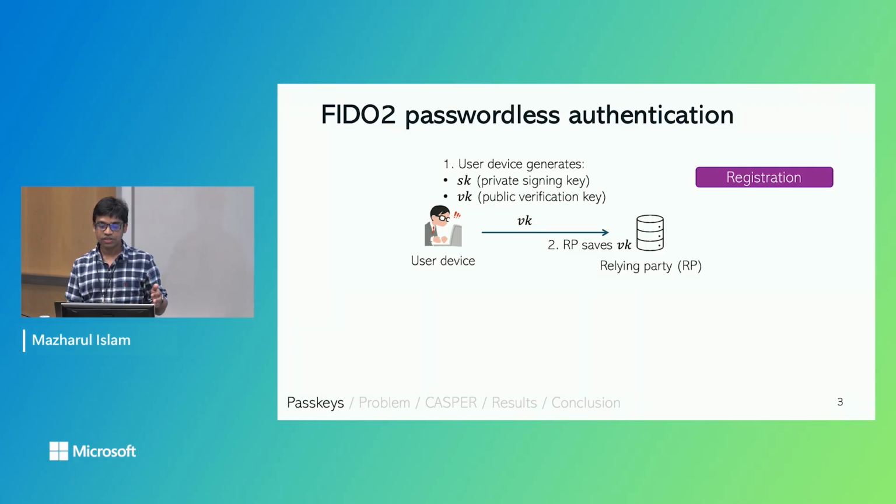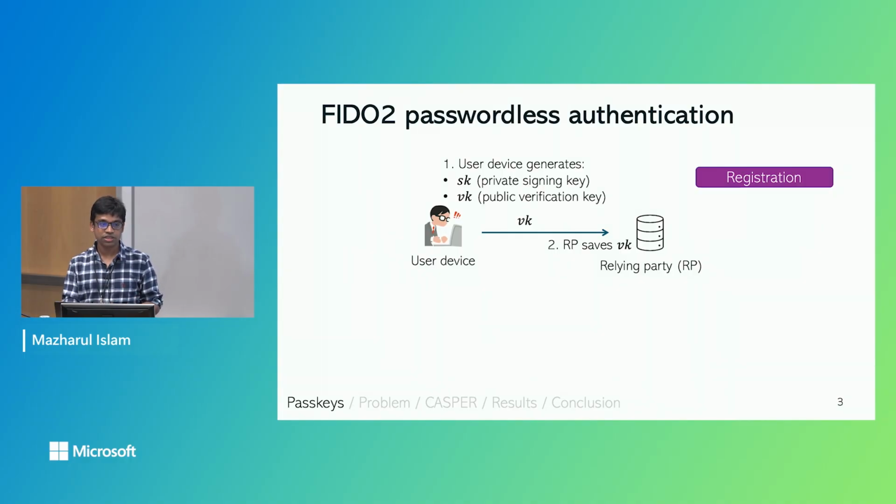I will just go over how passkeys work at a very high level so that we can contextualize the exact security threat that we address in our paper. Under the hood, passkey-based user authentication is an asymmetric signature scheme prescribed by the FIDO2 Alliance.